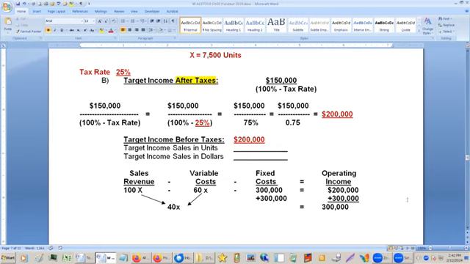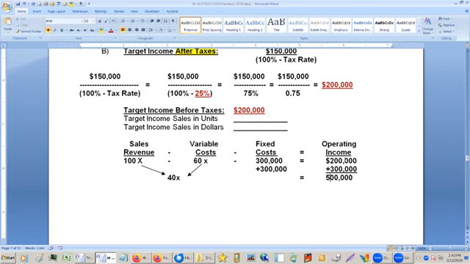So 200,000 plus 300,000, what? 500,000? So this would be our equation. So this is that 200,000 that we had to come up with. This is going to be our before tax.